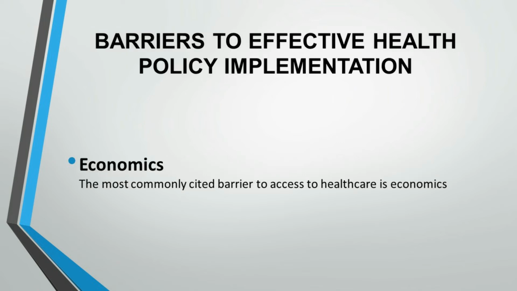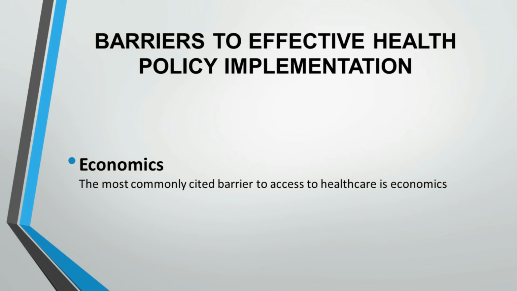What are the barriers to effective health policy implementation? Economics is the most commonly cited barrier to access to healthcare. The majority of medical care is still paid for privately.